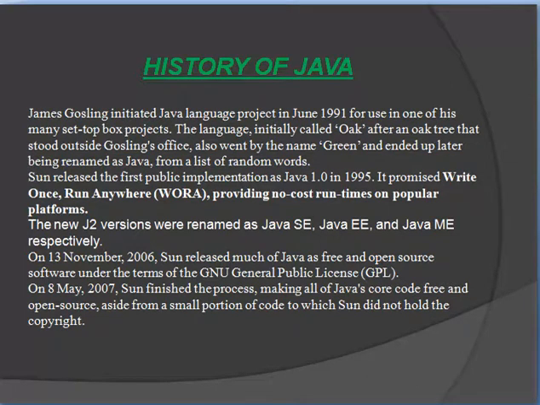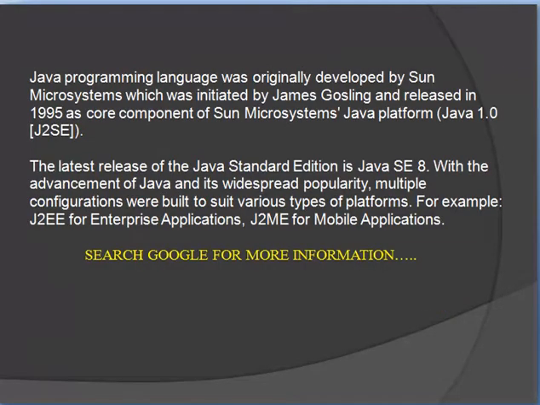You can Google search on the history of Java. The Java programming language was developed by Sun Microsystems, which was initiated by James Gosling. You can also Google search for more information.